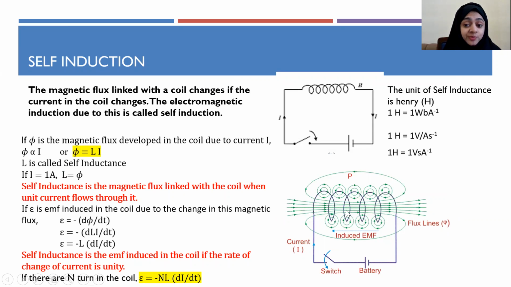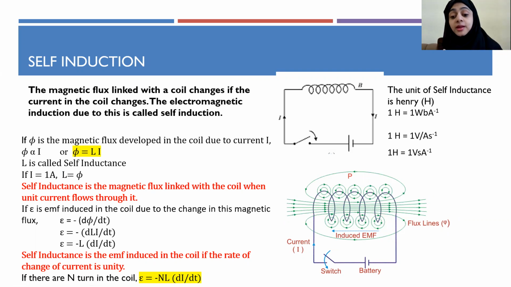As we saw before, as the current flows, a magnetic flux is developed in between this coil. So the magnetic flux increases from 0 to a particular value when the current increases from 0 to I amperes.